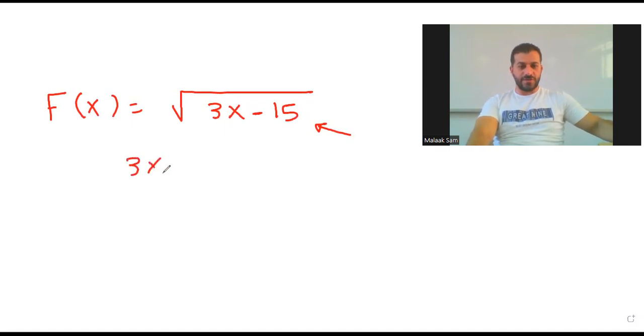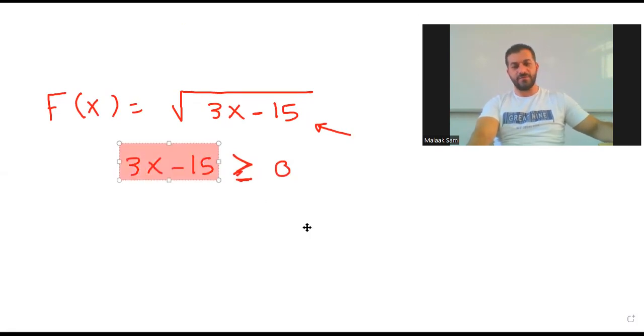So 3x minus 15 must be greater than or equal to 0. What is written under the square root must be positive or 0.